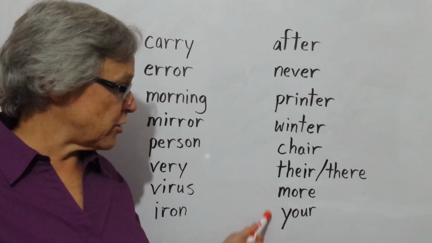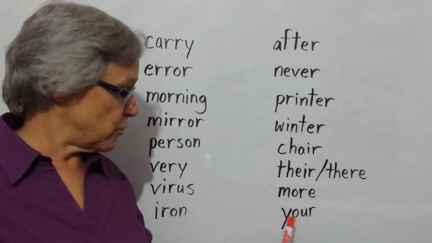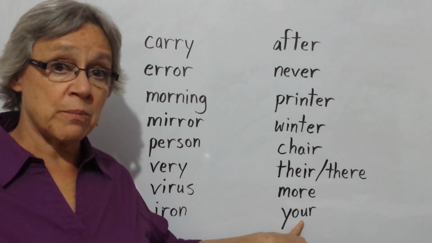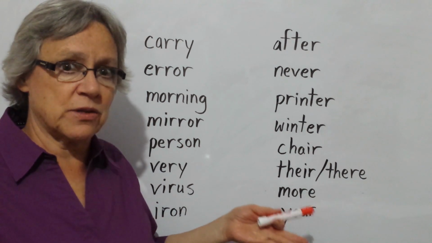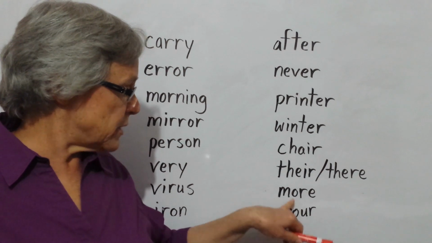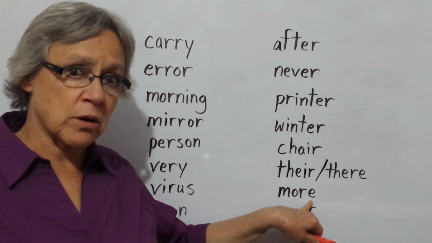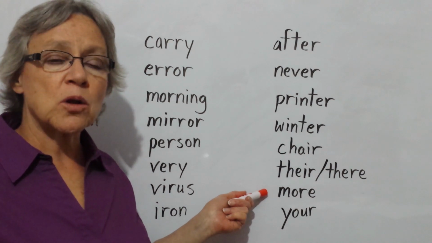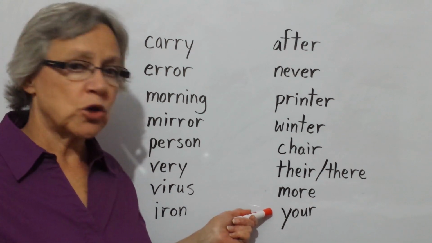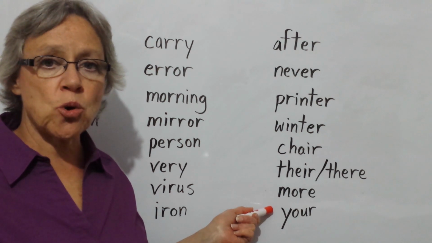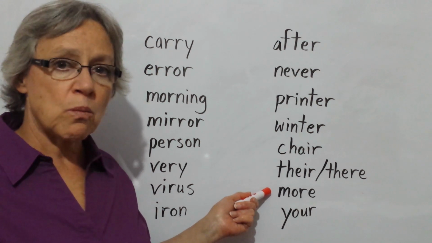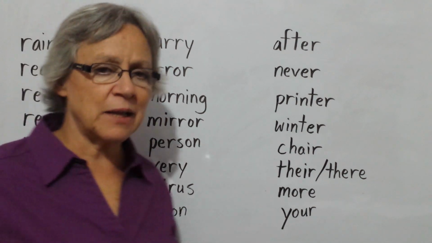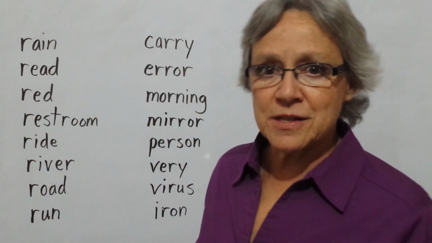And I put these two together because I pronounce them with the same ending. This word, though, does have different pronunciations. One of them is the same, and it's a very common one, as the ending here, more, okay? So that's why I put these two together. More, your, more, your.